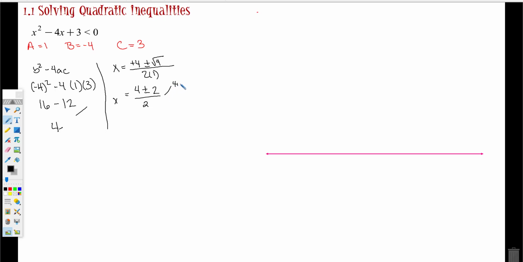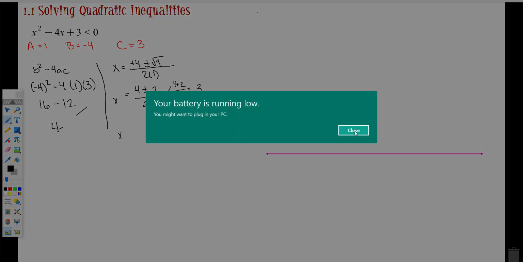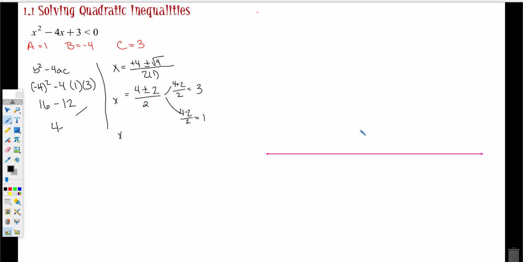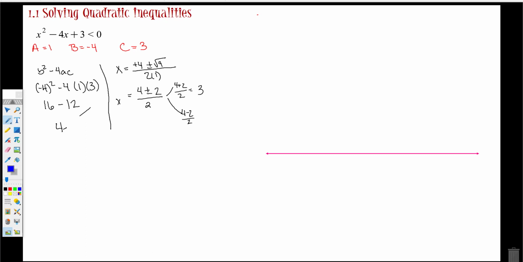So 4 plus 2 divided by 2 is going to give me 6 divided by 2, which is 3. 4 minus 2 divided by 2 gives you 2 divided by 2, which is 1. And so my two locations X could equal are 3 and 1. So we have those two locations, 3 and 1.